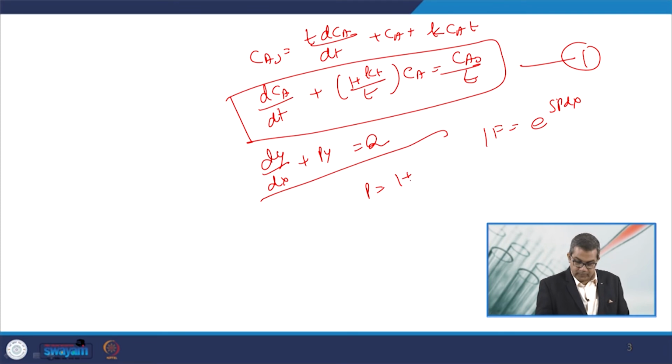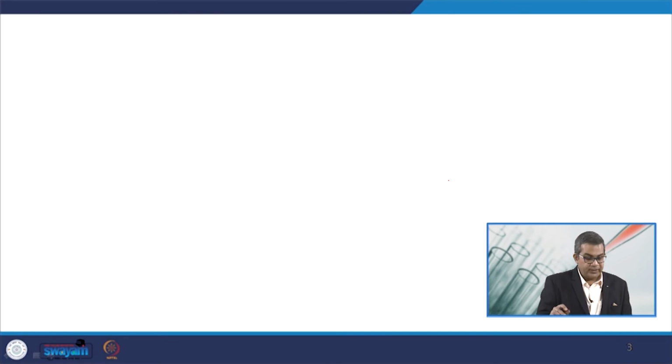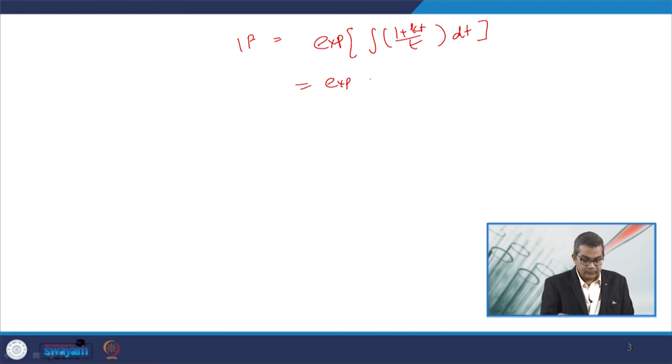Now P is equal to (1 plus kτ)/τ, and Q is equal to CA0/τ. So the integrating factor can be represented as exponential of the integral of (1 plus kτ)/τ dt, which is the integral of dt/t plus the integral of k dt, and this can be written as e to the power ln t plus kt. So the integrating factor is equal to t into e to the power kt.